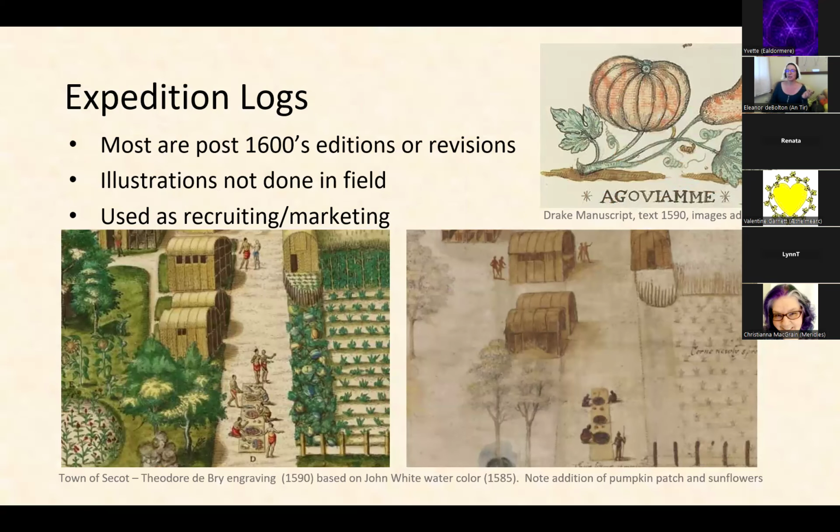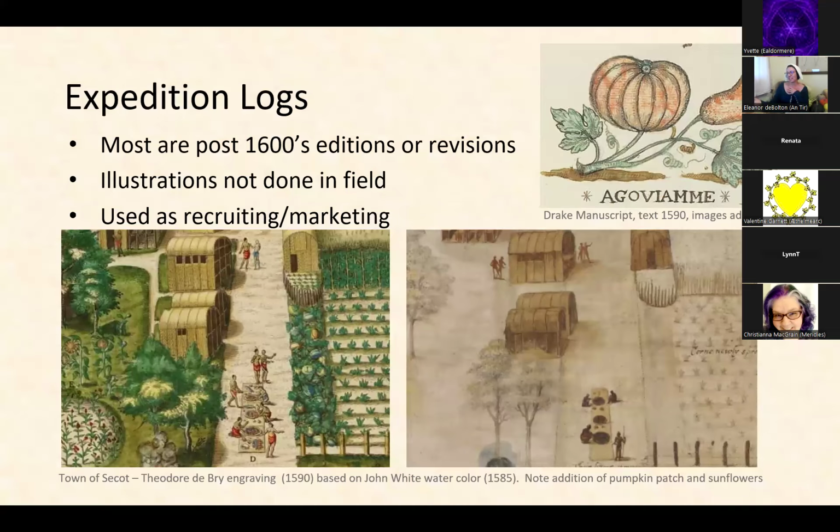So we can also look to expedition logs, but they're a hot mess. There's different things like Drake's manuscript, right? The text is from the 1590s, but the illustrations were added later. So who knows what they're really drawing there. And they're not going in there to make detailed drawings of what they actually saw.